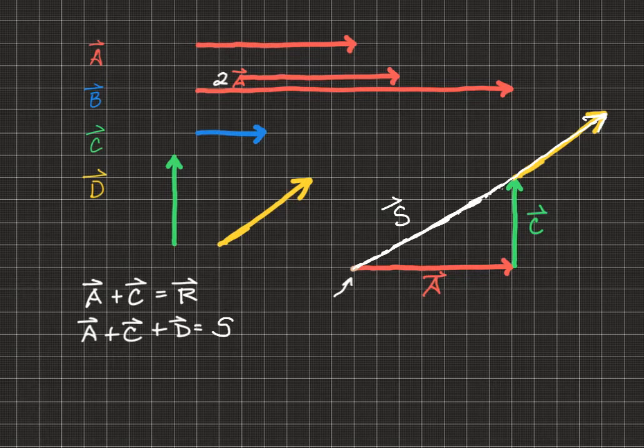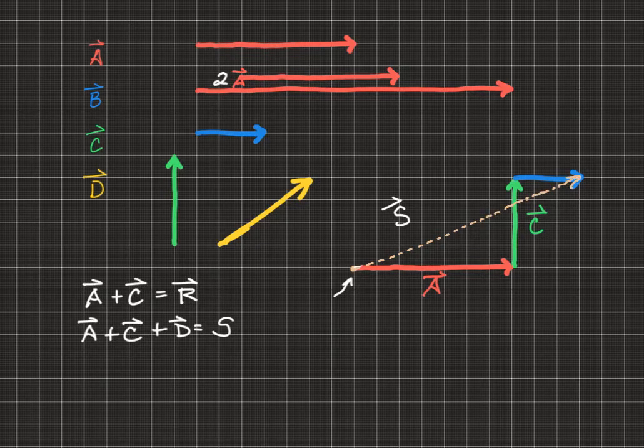So what would have happened if instead of adding vector C, I had added vector B? What would the resultant be? Well, the resultant of that would have been a different vector, so I would have called that by another name.